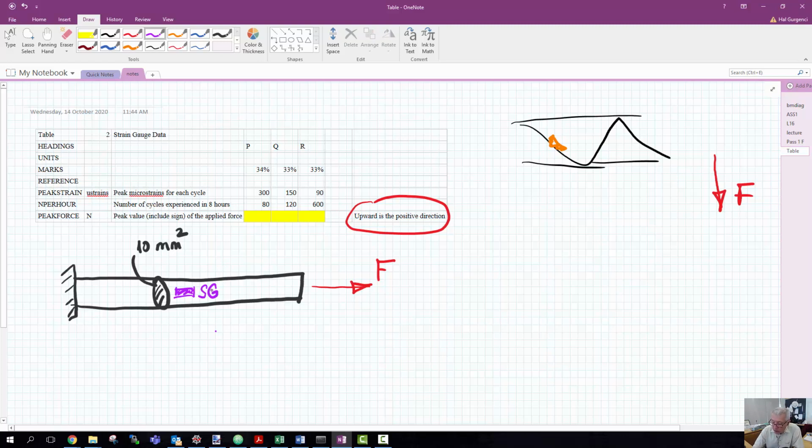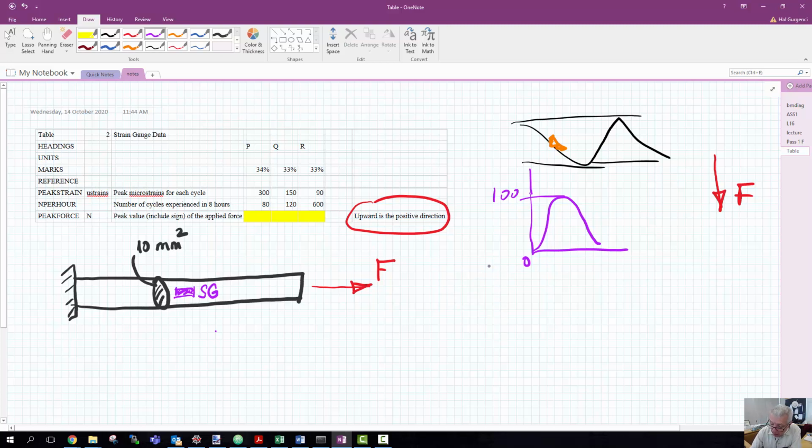And on the strain gauge, let's say we read a P of 100 microstrains. So epsilon, this is from 0 to 100. So epsilon is 100.